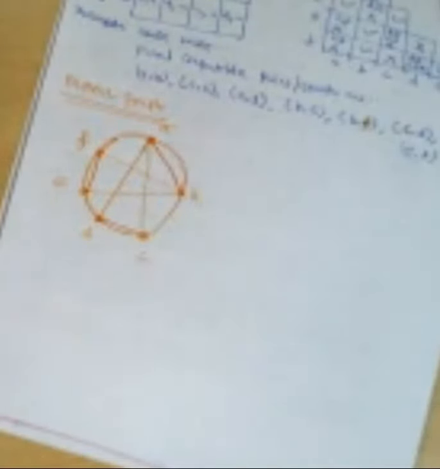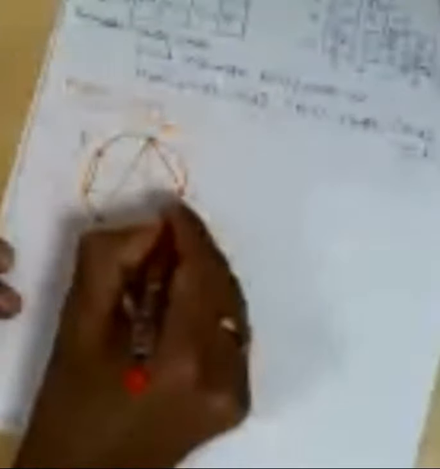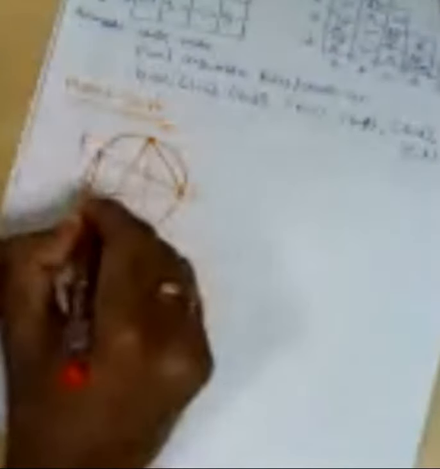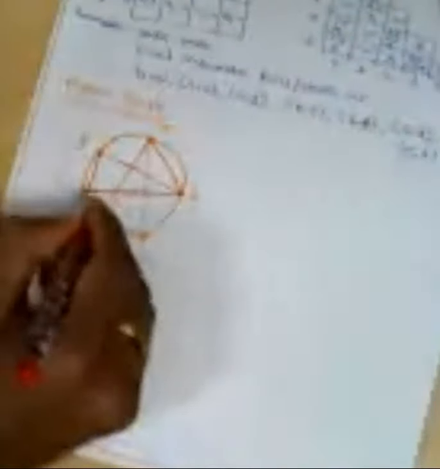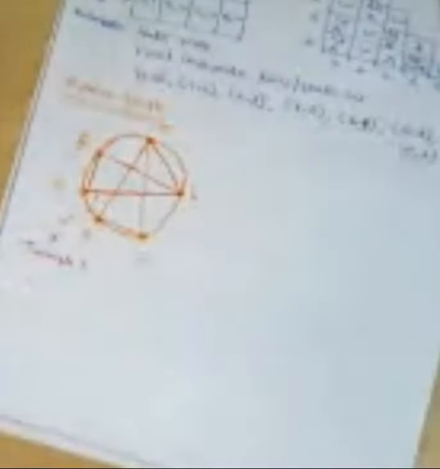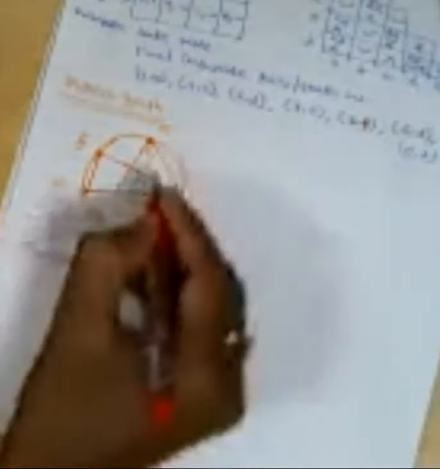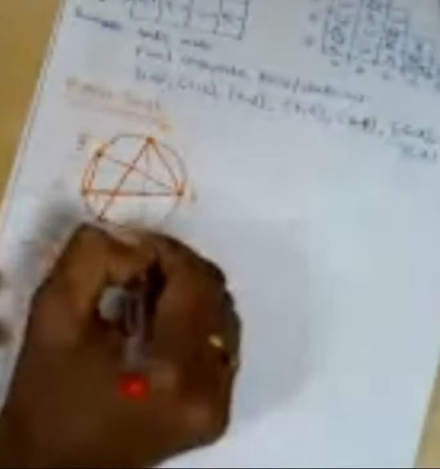When you look for the structures, you can say this forms one triangle. So I can say this is triangle 1. Then any more triangle formulation is possible here. One more triangle is possible here. Triangle 2.